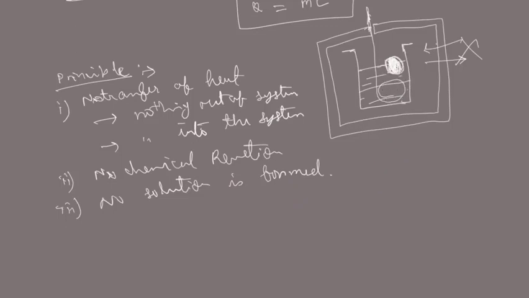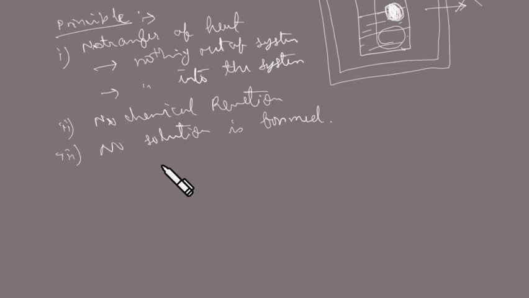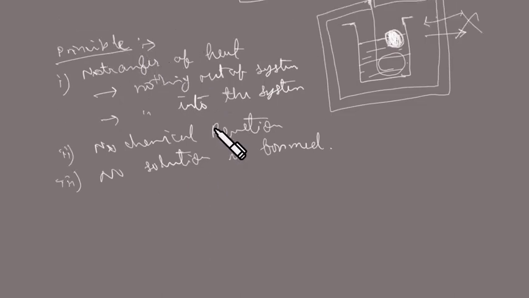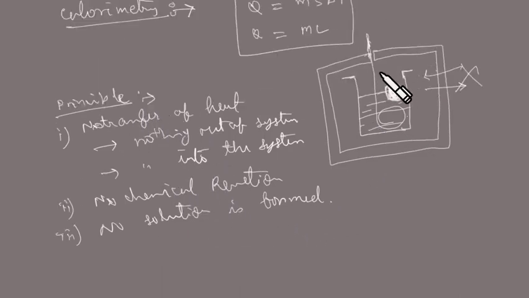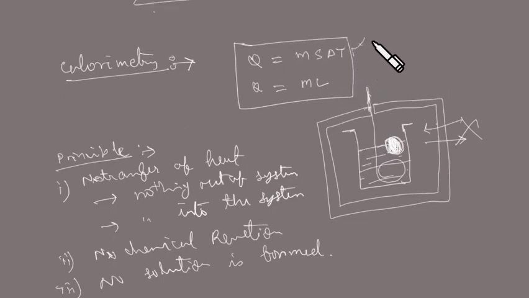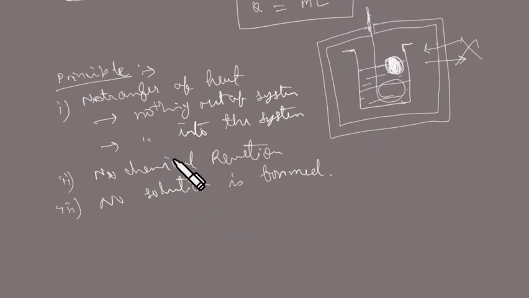Alright, so these are the three principles. Basically, the first point has two parts: nothing goes out of the system, no energy comes into the system. No chemical reaction between the materials, no solution is formed between the materials. So these are the principles of calorimetry. The calorimeter is used on the basis of these two formulas and these three principles.